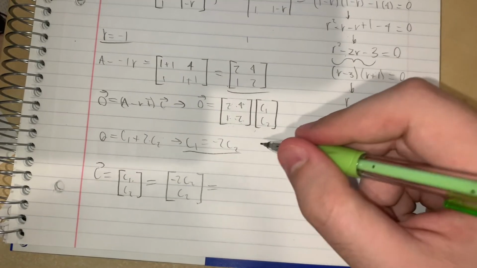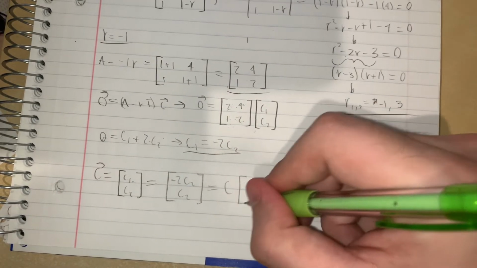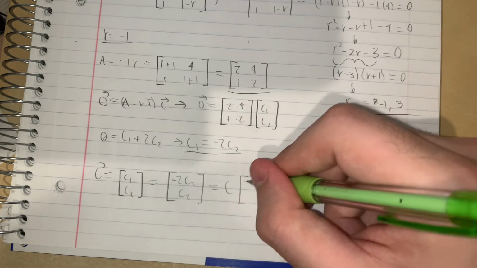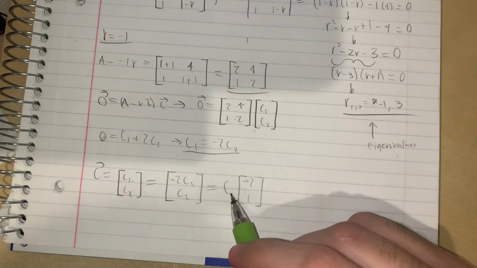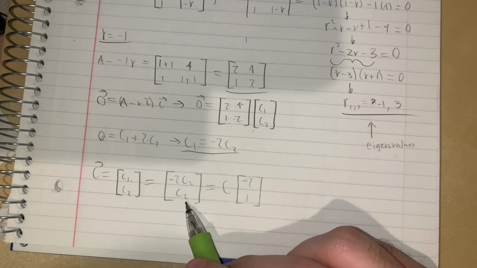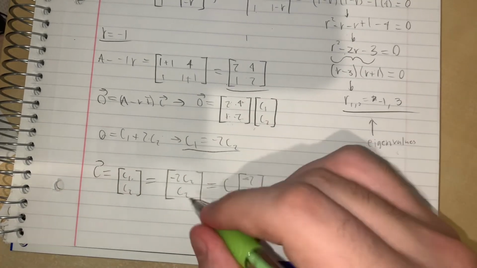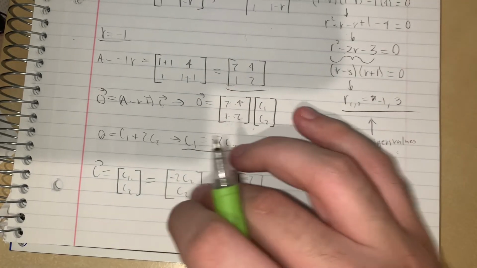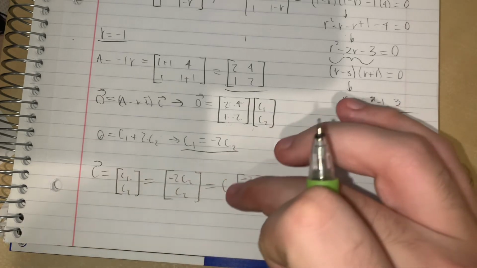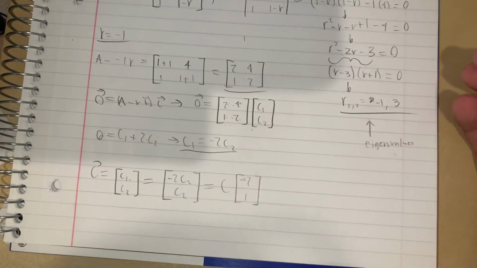And if we pull the variable out, we'll get that c times negative 2, 1 is our solution for that. I took away the 2 because this is an arbitrary constant, and after this part, we won't need to label them because there's no different constants anymore. We only have 1. So I pulled it out and made it a c instead.